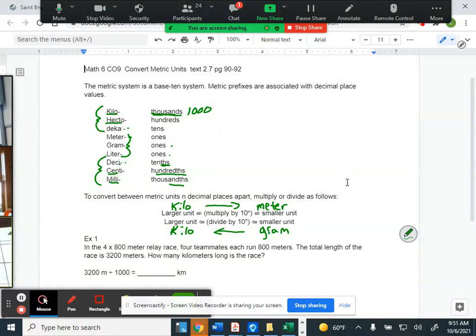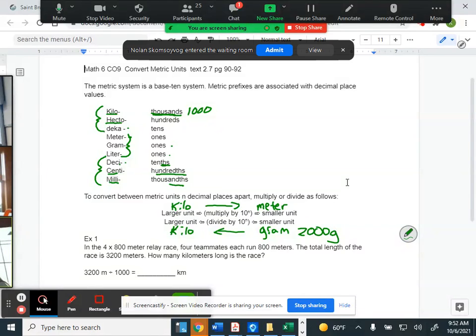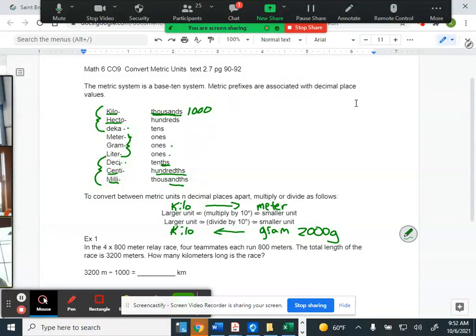So if you're at a small unit, let's say you have 2,000 grams, and we want to know how many kilograms that is. It's a lot of grams, but the kilogram is huge, so the number would be small.